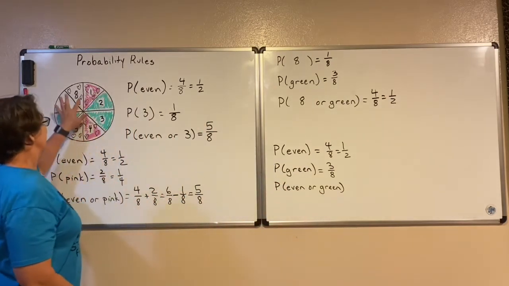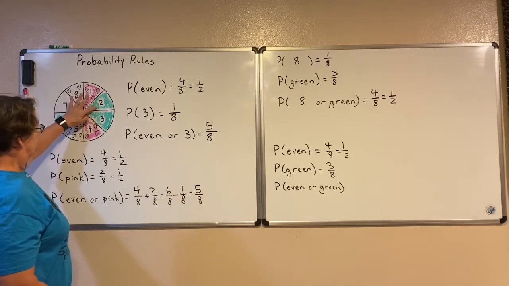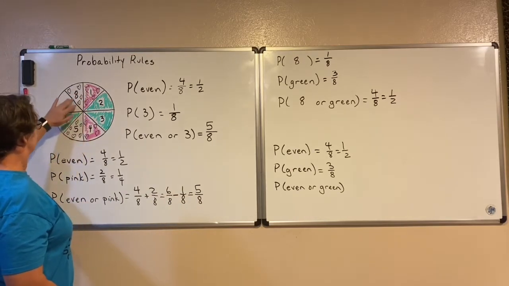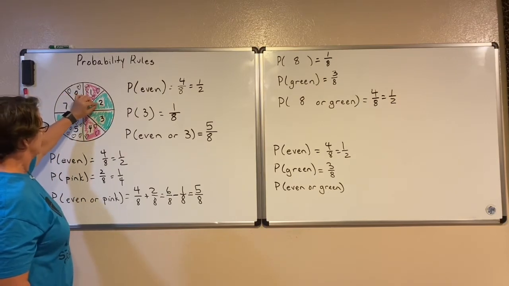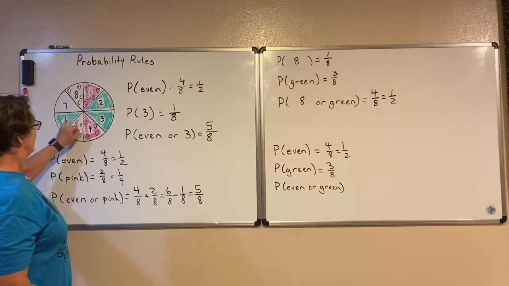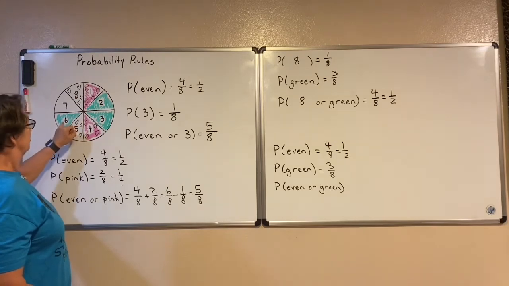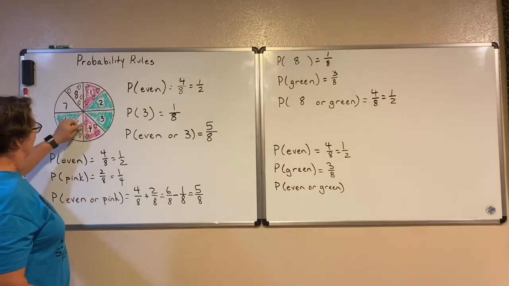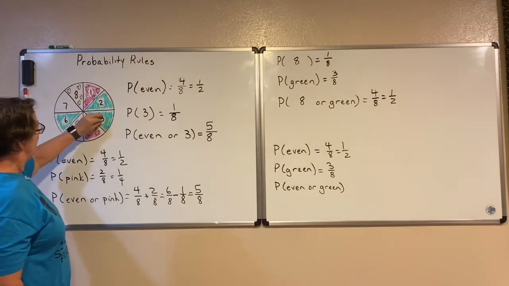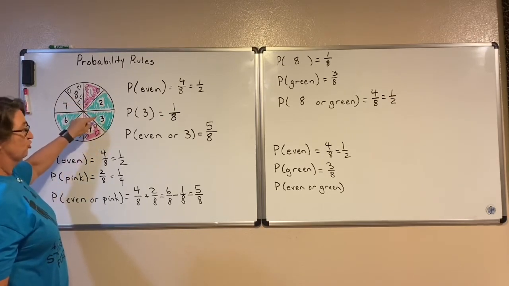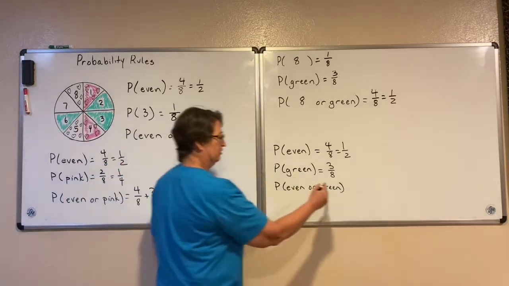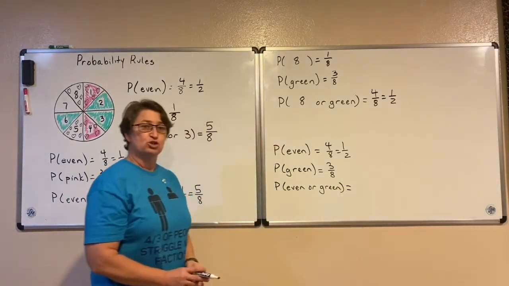Well, an even would be the 2, the 4, the 6, or the 8, but that 2 is also green, and so is the 6. So in this case, I'm only going to add 1 more to those evens. There's 1 additional green guy. So they are not mutually exclusive.